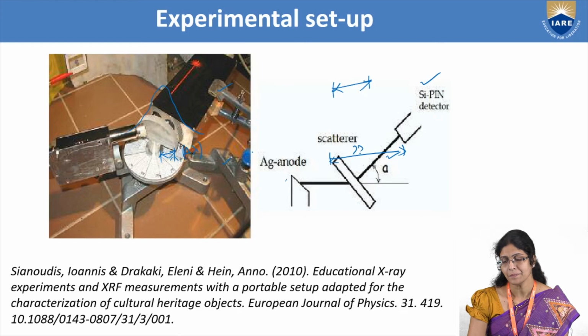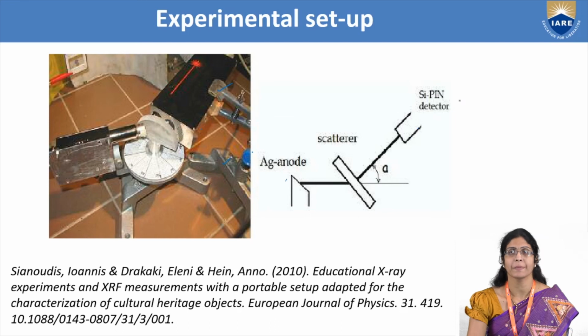They used an Ag anode and a scatterer, the object which you want to study, and this is the silicon pin detector. I have given this for you to take inspiration. Whatever you learn throughout your BTech, try to implement it in your lab or in your future research.